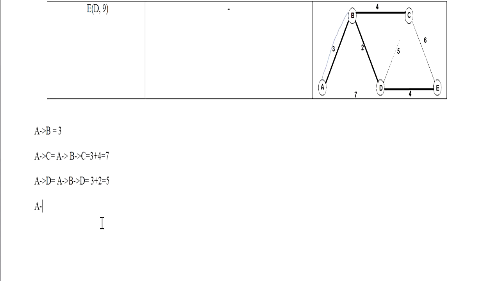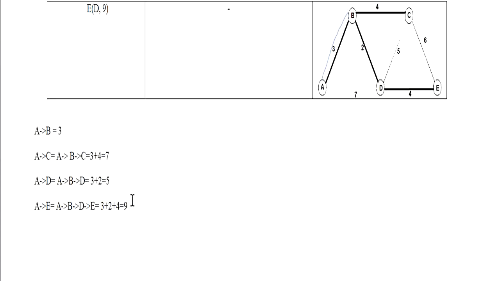Can I reach A to E? Yes, I can reach. It can be reached something like this: A to B, then from B to D, then from D to E. So the cost is 3 plus 2 plus 4, so the total cost is 9.